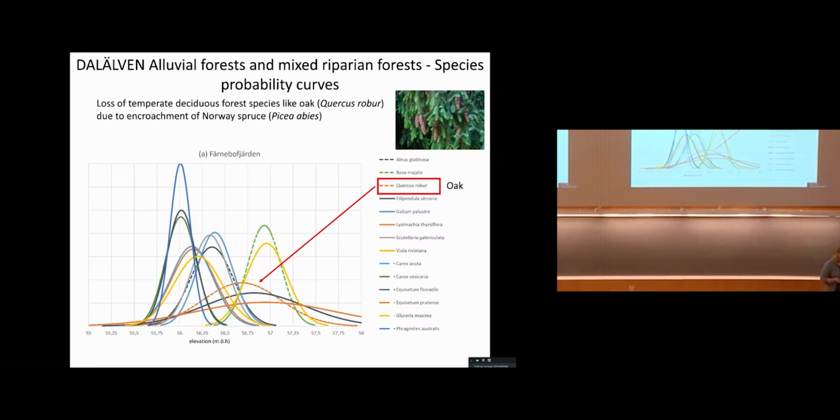This graph here is from Färnebofjärden, which is managed to take away spruce. So that's one problem, that they are actually managing it very hard to take away spruce, because we want to see at what water levels and what duration we can actually keep spruce out.